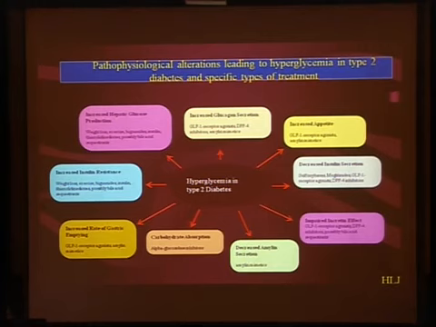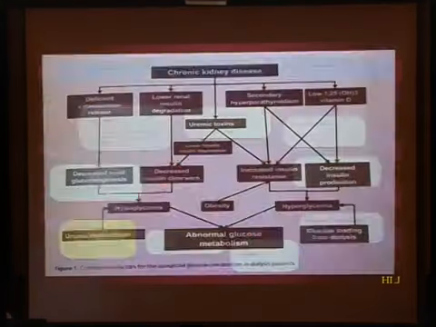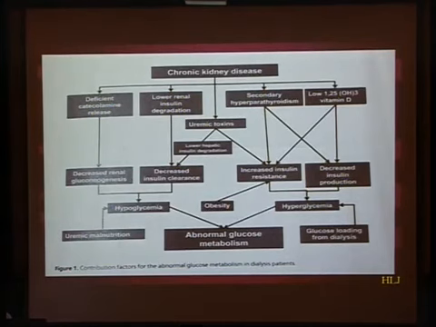But not all these medications are enough or reliable to be given for diabetic patients with chronic kidney disease. And in chronic kidney disease, this is what happens to glucose metabolism. The deficient catecholamine release leads to decreased renal gluconeogenesis and can lead to hypoglycemia.